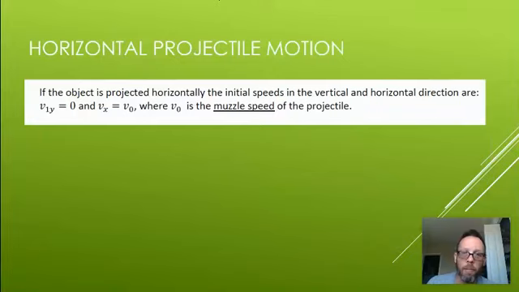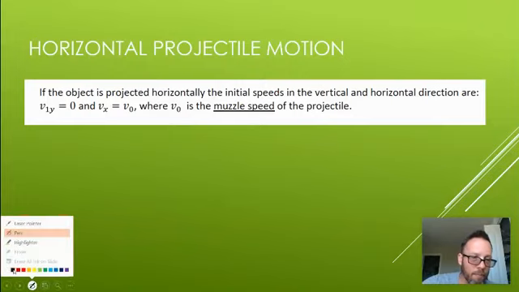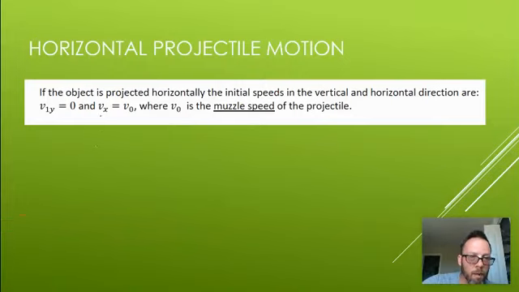A couple other things. If an object is projected horizontally, you will note that the vertical component of speed is 0, and the entire initial velocity is horizontal. All this is saying is that all of the initial velocity, all the initial speed, is in the x direction.